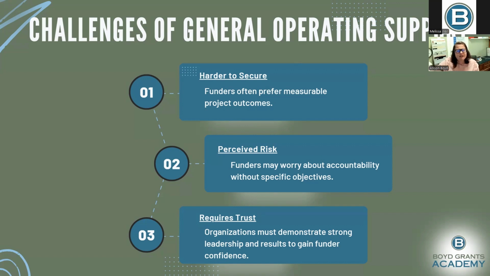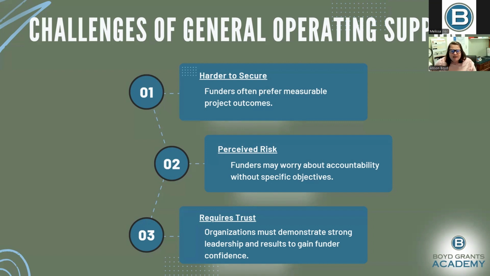So we have to do a better job at explaining how the use of general operating support dollars ultimately supports your mission, vision, strategic goals, and long-term impact. And you can provide some type of output that that operational support can help drive towards.